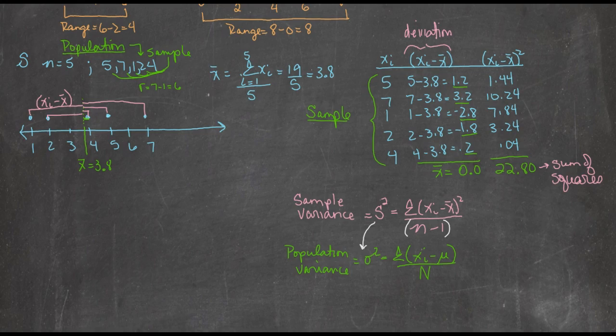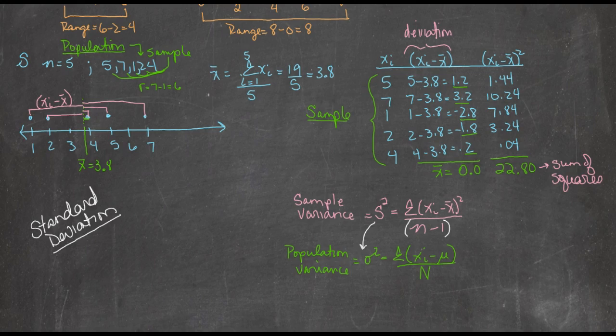And last but not least, standard deviation. Remember when we talked a long time ago, what we really wanted to do was find the average of all the distances from the mean. If we could average out these distances, it'll give us some idea of how closely our data matches our mean.